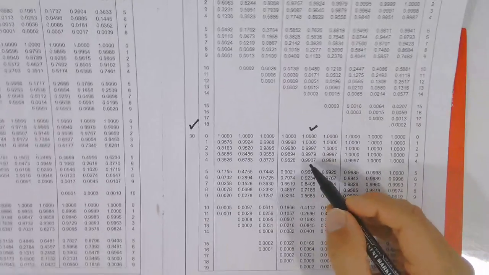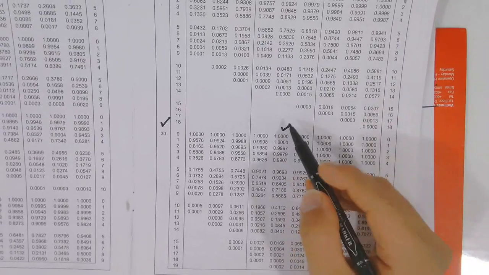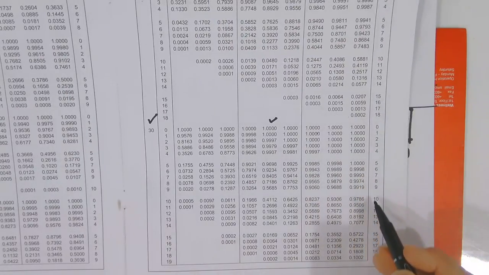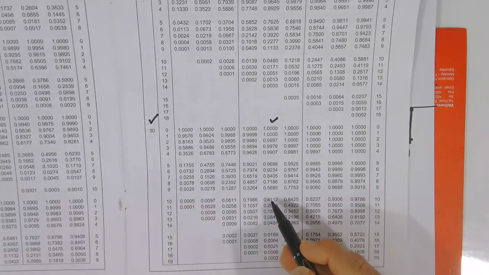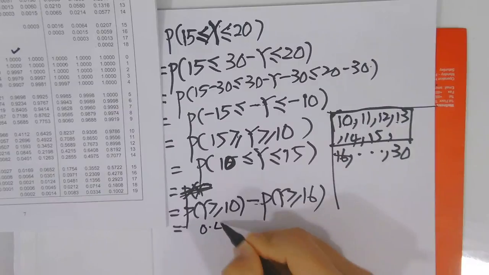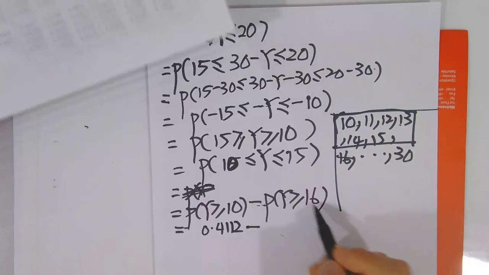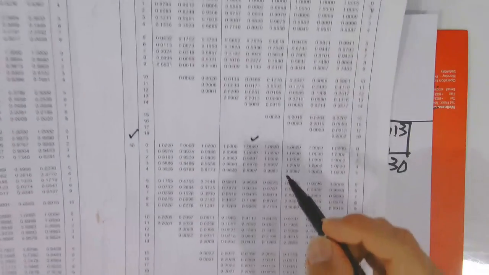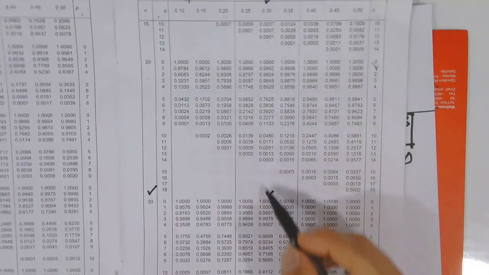From here you can see that for 10, the value is 0.4112, then subtract the value for 16. So it's 30, 0.3, 16.